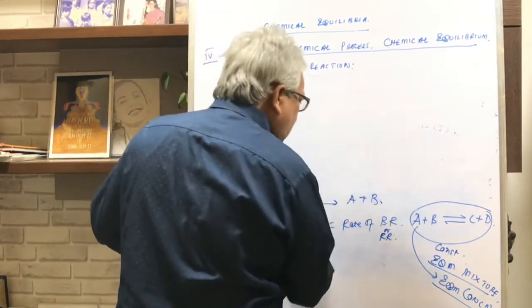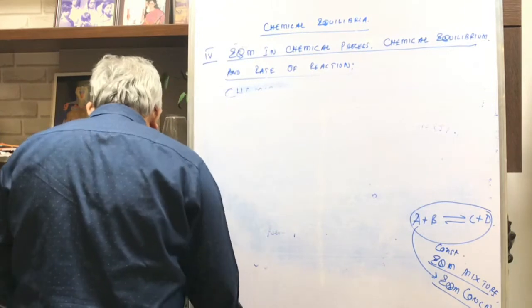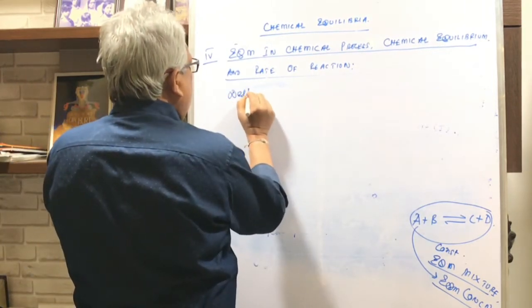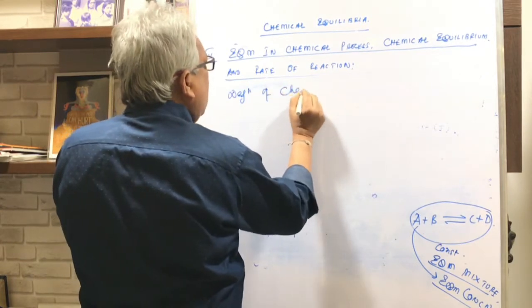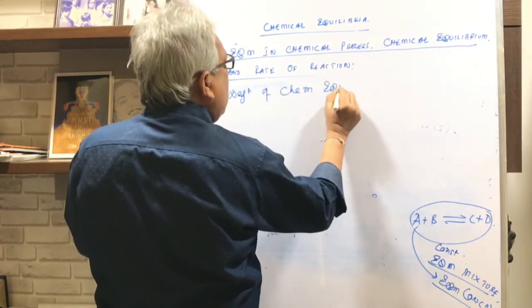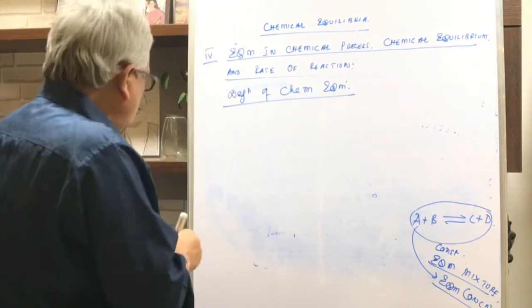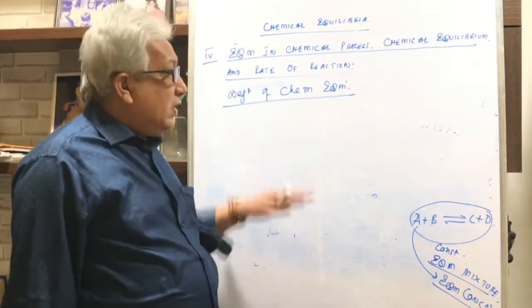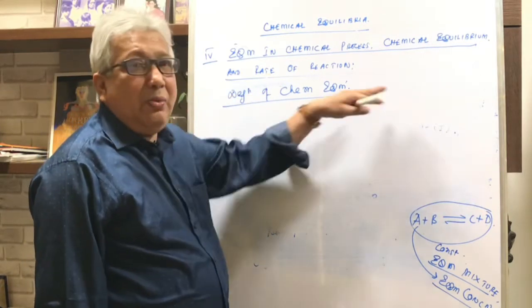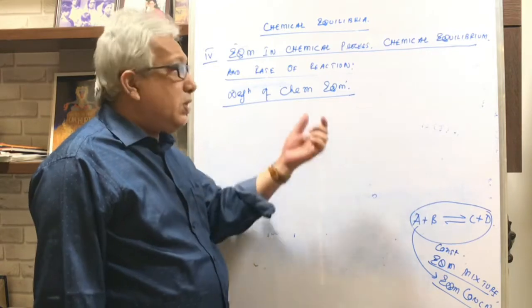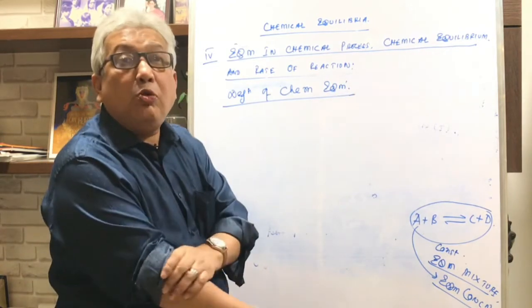So what will be the definition of chemical equilibrium? Definition of chemical equilibrium. You will define it as, it is the state of a chemical reaction when the rate of forward reaction becomes equal to the rate of backward reaction.